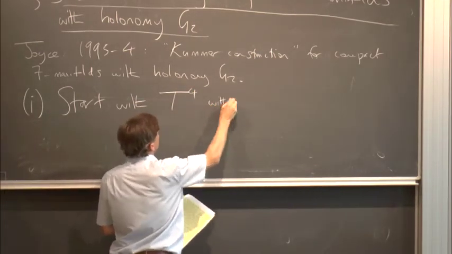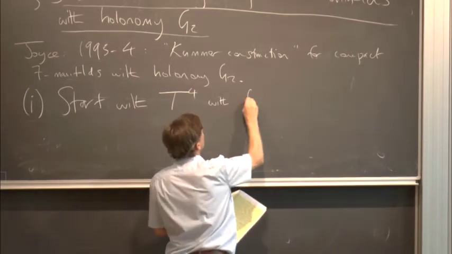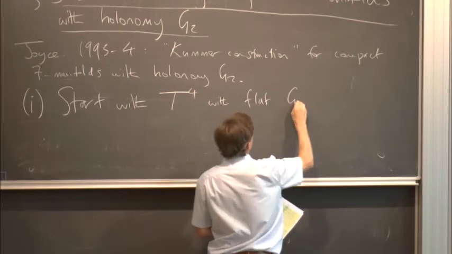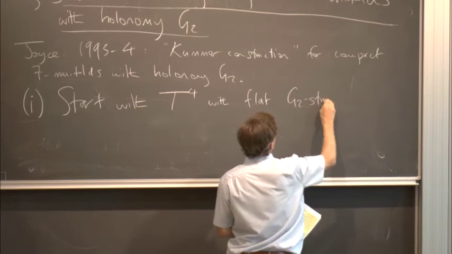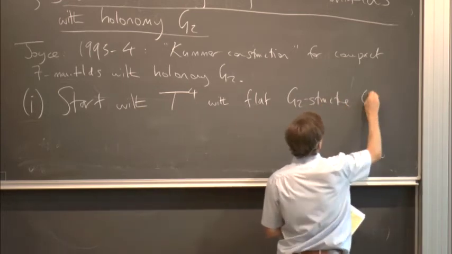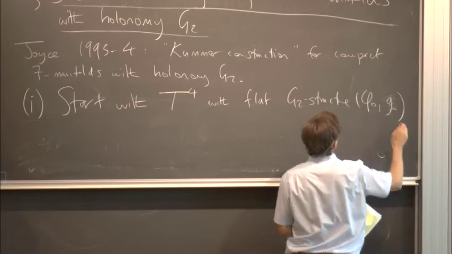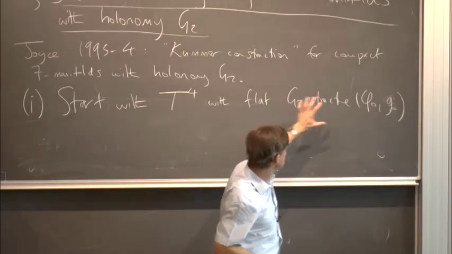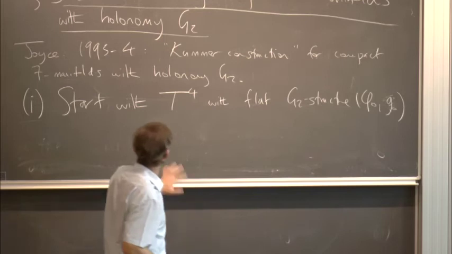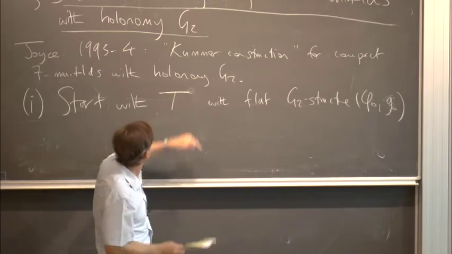with a flat G2 structure, phi 0, g0. So you just take R7 with its flat G2 structure, you divide by some lattice, sorry, that's a 7.